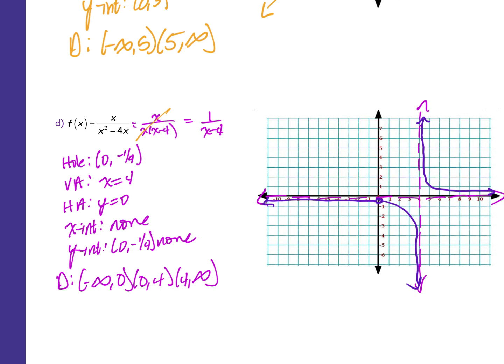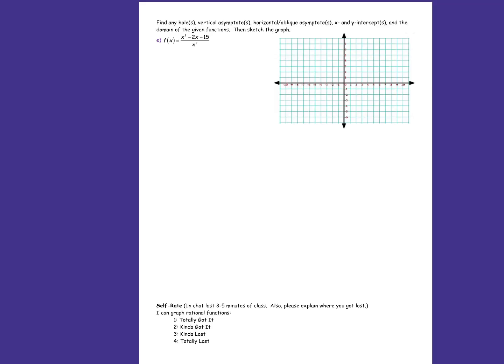And then the last one is an interesting looking graph. So I factored the top again. X minus 5, x plus 3 all over x squared. So there's no holes.